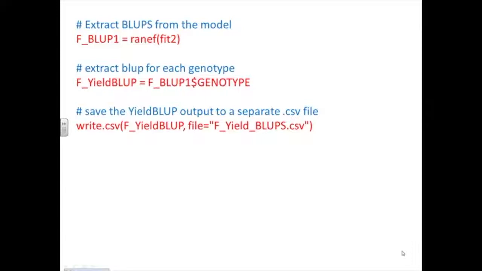So f yield blup is going to have the best linear unbiased predictors for genotypes, my treatments, where those blups are corrected based on the variation in rows, columns, and quadrants. And I can go ahead and write that out. So now I have a file with my blups.